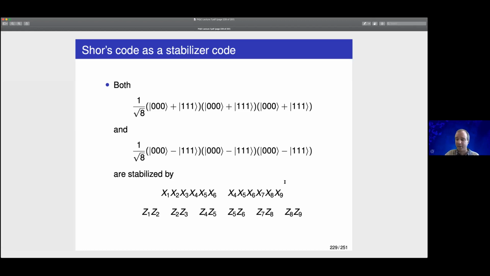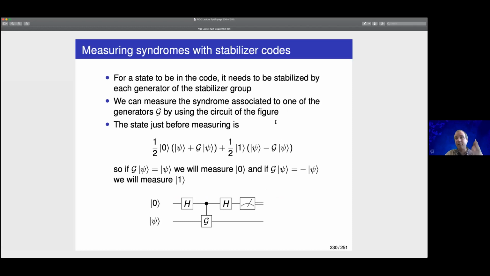You can do many things. And in fact, it is easy, I'm not going to go into much detail about this, to define the circuits for the syndromes that seem to be a little bit complicated in the cases that we have studied. But if you have the generators of the stabilizer group of the code, you can use this beautiful construction here in order to obtain how to measure the syndromes.